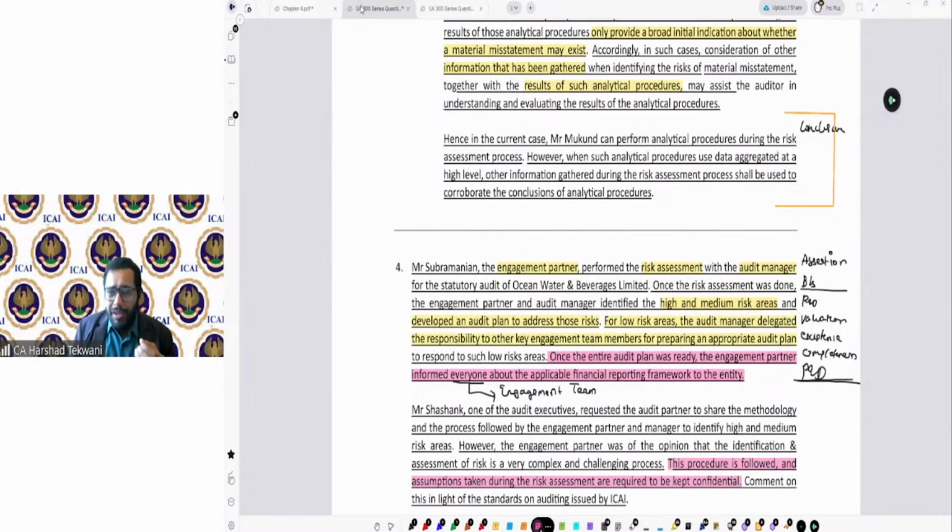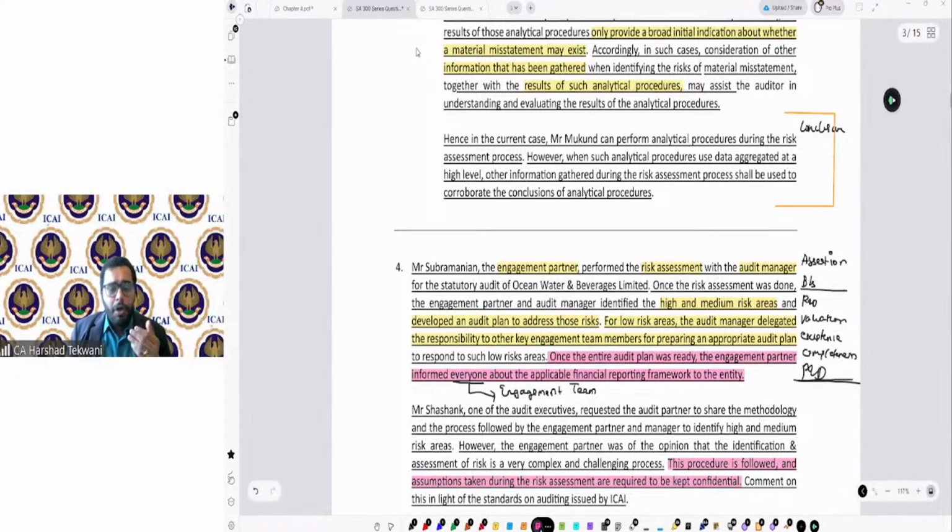And if you do not share the procedure, the assumptions taken, that why do you think this is a high risk area, this is a medium risk area, then how are you expecting a person to test that area when you yourself are not telling him what is included and why you have made this area a high risk area? So that is not something appropriate over here.